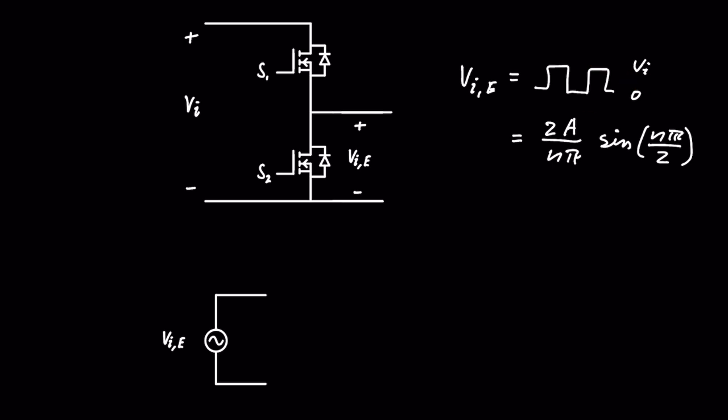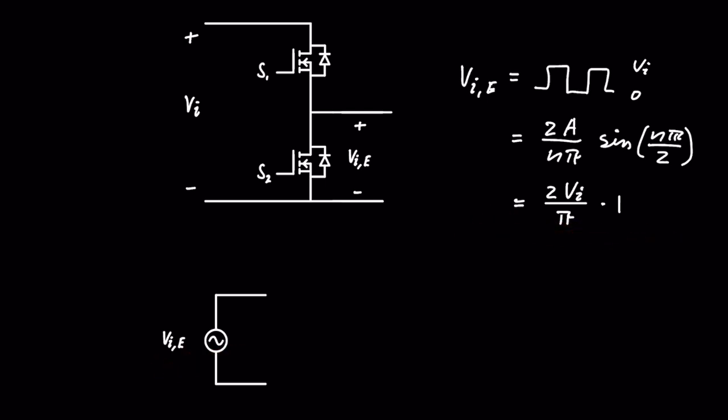We only want to look at the first harmonic for this scenario. So we have 2 multiplied by VI, and then we divide by pi, because we want to look at the first harmonic, so n is equal to 1. When n is equal to 1, we have sine of pi halves, which is equal to 1 as well. So we just multiply this with 1. This is the equation for the voltage source.